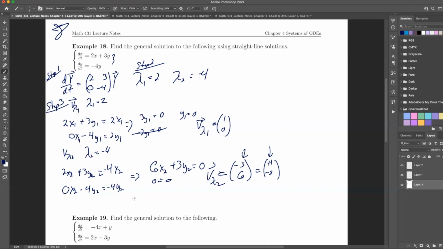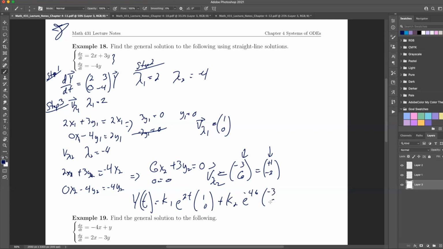What will change here, so I'm going to write out the solution real quick, is k1 e to the lambda 1, which in this case is 2t, times 1, 0, plus k2 e to the lambda 2, which is 4 minus 4t.